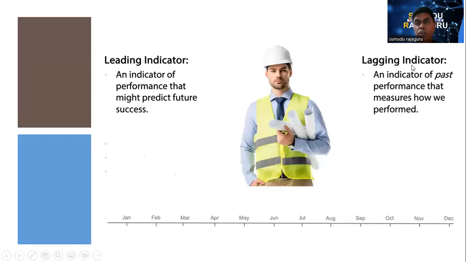Then it is very important to understand that when we come into an organization, whether manufacturing or service, whatever the organization, there are two indicators. What are those two indicators? Leading indicators and lagging indicators. What is meant by leading indicators? An indicator of performance that might predict future success.